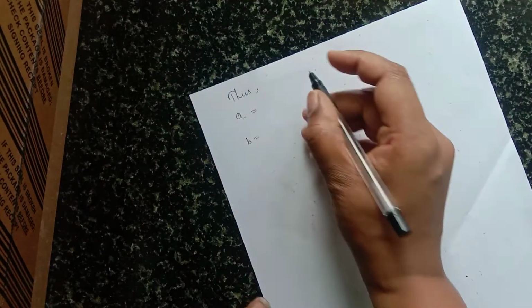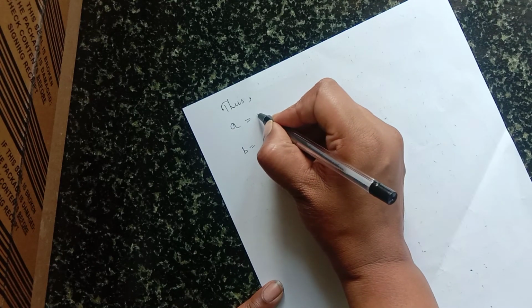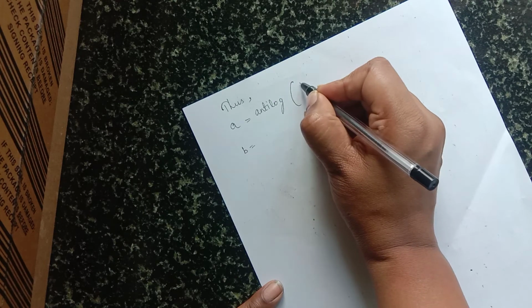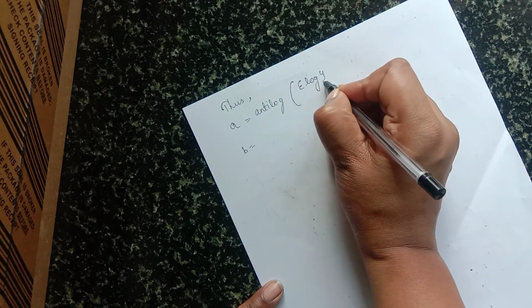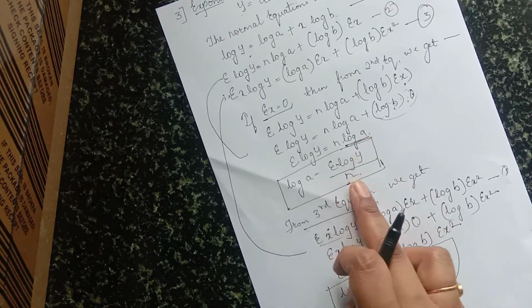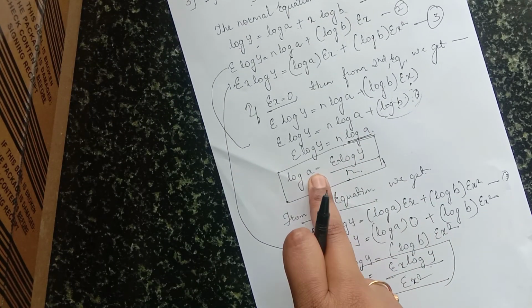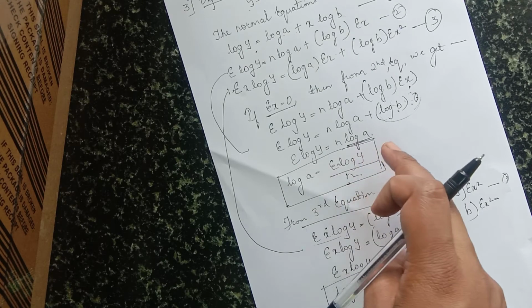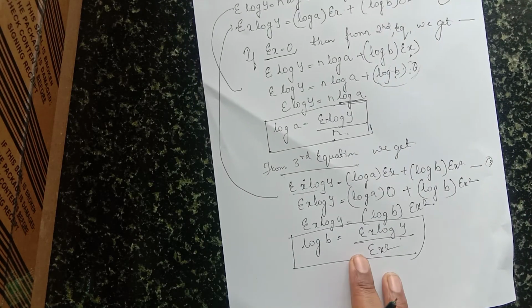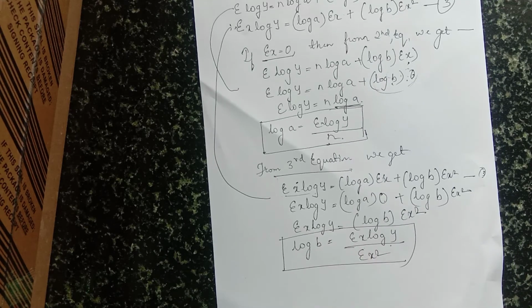So a is equal to anti-log of, in bracket, summation log y divided by n. Same formula we have taken, summation log y divided by n. Log a is equal to anti-log of summation log y divided by n. In the same way, b is equal to anti-log of summation x log y divided by summation x square.